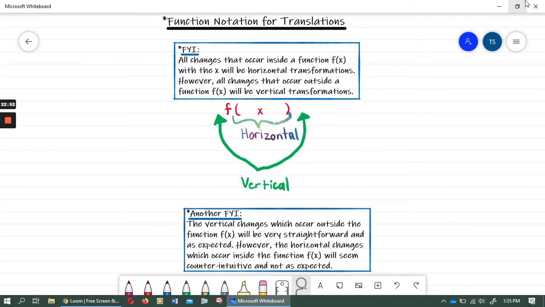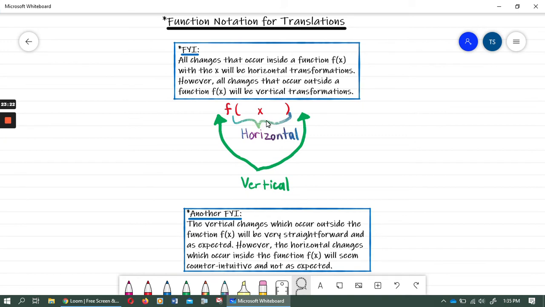All right, so again, guys, as you can see here, where I've written f of x, the part inside of this function notation, the part inside the parentheses with the x, is what we consider to be inside the function.